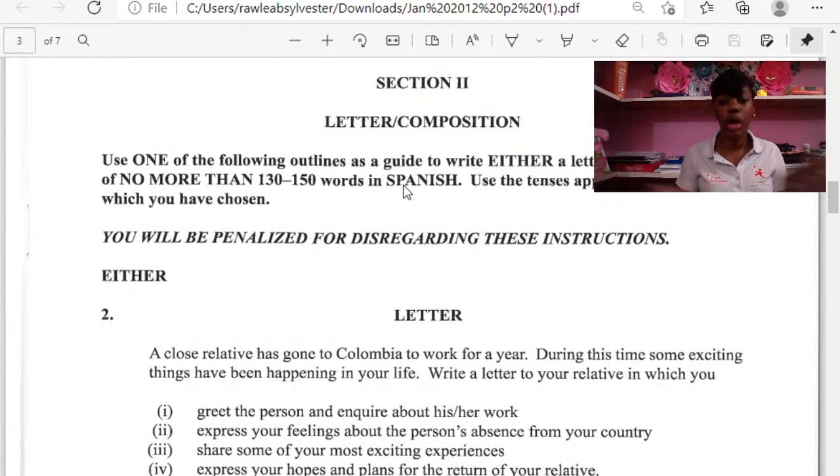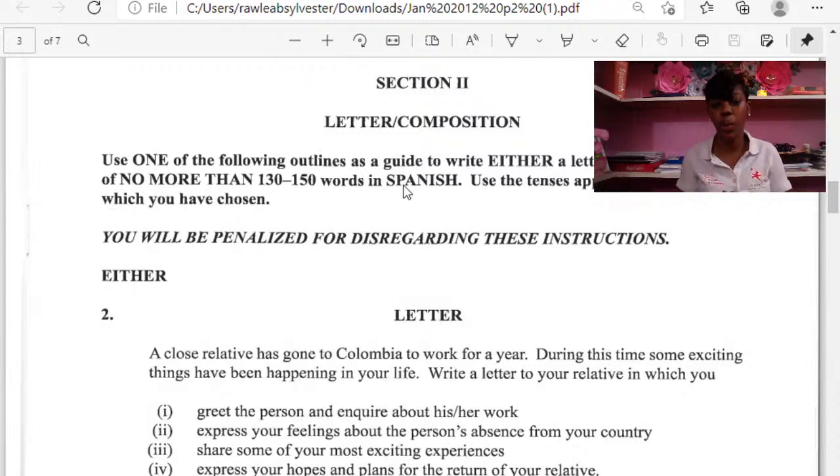However, do not go above that, because they start to deduct marks. This is not English where you have an extremely large word limit, like I think it's 300 to 350. You only have 130 to 150 words. So be sure to answer all 4 clues in 150 words.